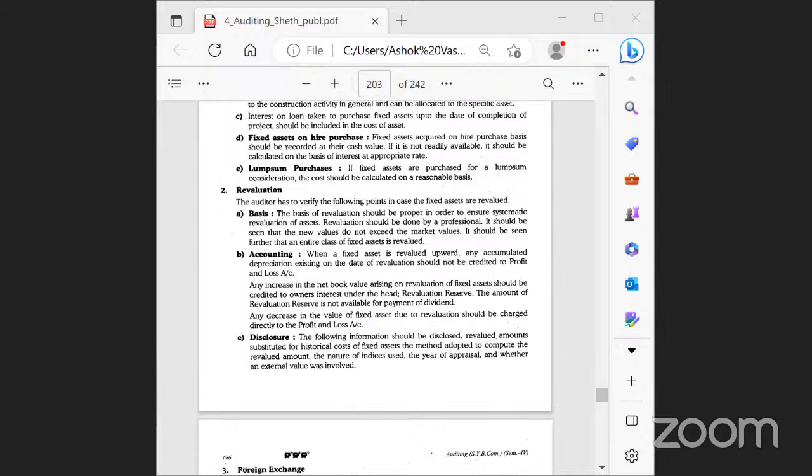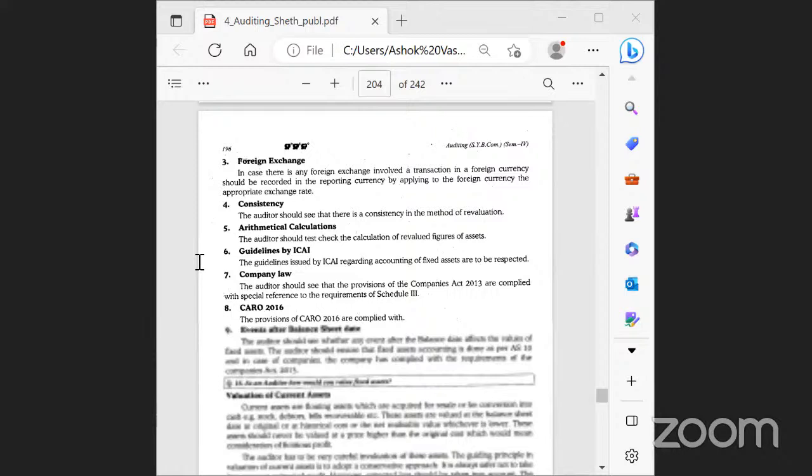Plant and machinery and furniture. In case of liabilities, some of the important liabilities which are to be verified are outstanding expenses, payables, creditors, debentures, and public deposits. That's it. Okay. So that's it for today's lecture, students.